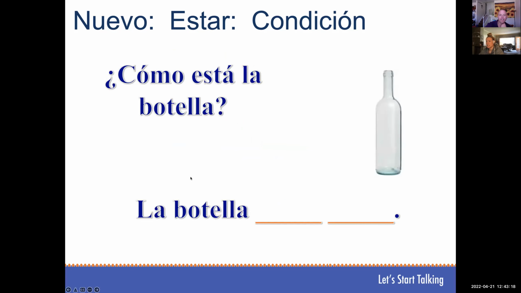¿Cómo está la botella? La botella está empty. Empty is like vacía. Okay, we just looked at that. So do you have the book for this level, Kaylee? I do. I just haven't. This level gets a little, kind of at the beginning especially, a little vocab heavy.